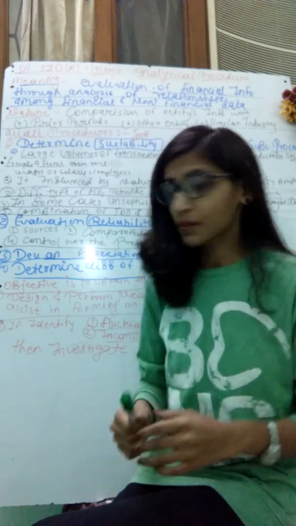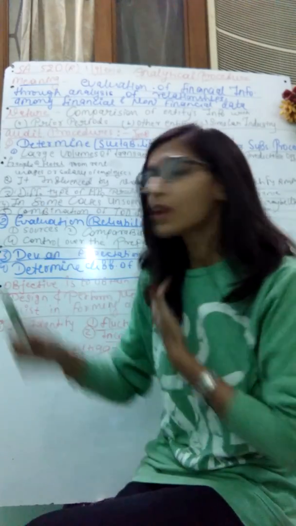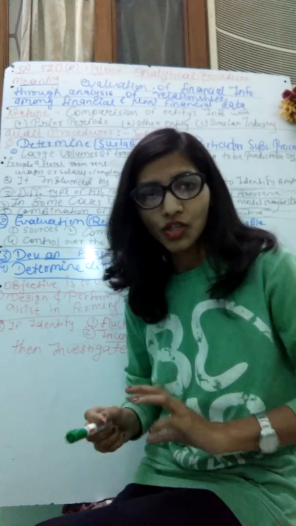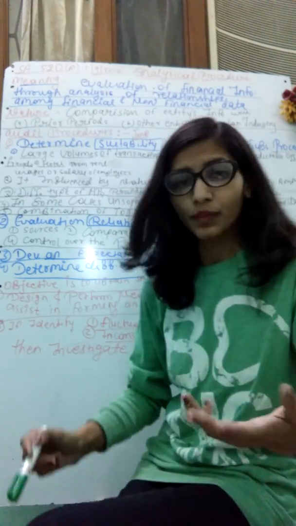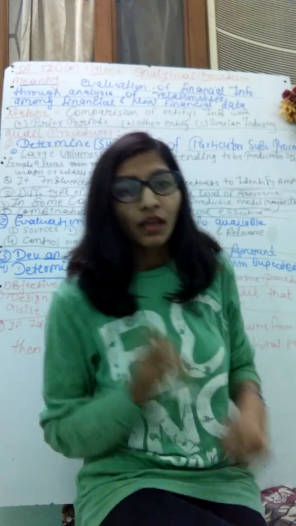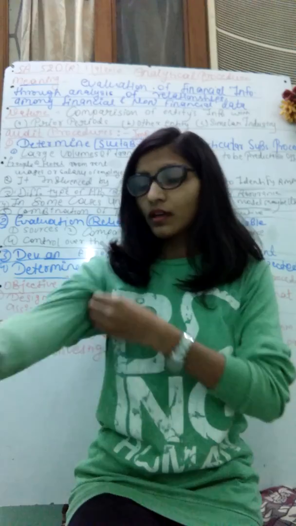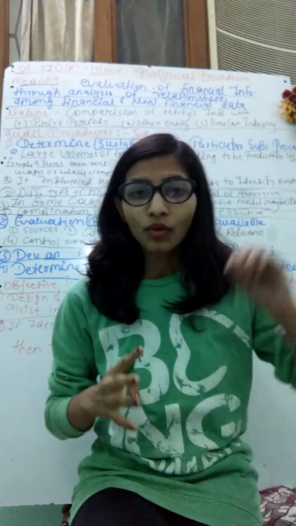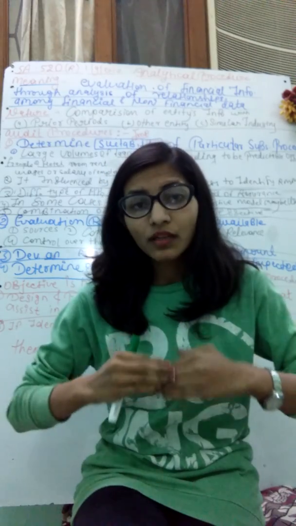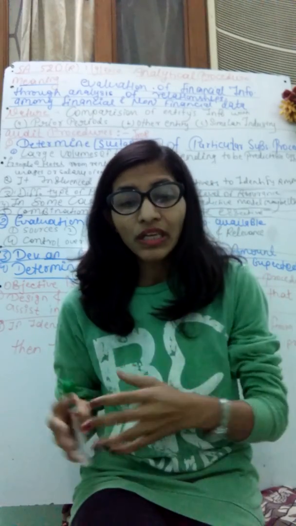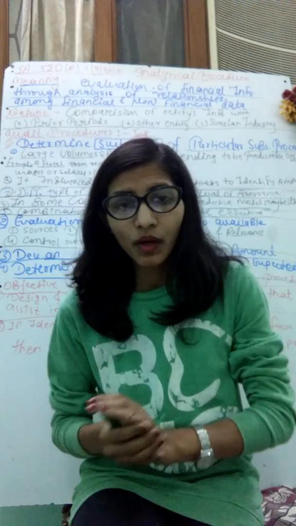Where do we apply the substantive procedure? Where there is a large volume of transactions tending to be predictable over time. For example, if we talk about a hotel, we do not cross check each and every rent amount.